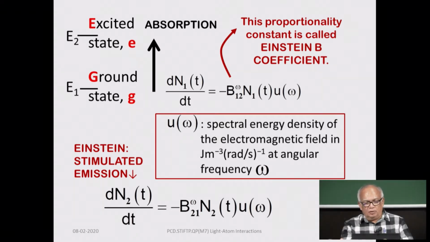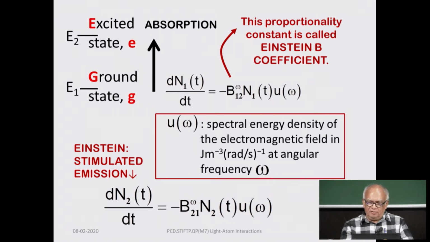So, that would again be given by a rate equation which is similar to the other one, proportional to the number of atoms in the excited state N2, the proportionality constant B21, and then it will also depend on the spectral energy density of the electromagnetic field.